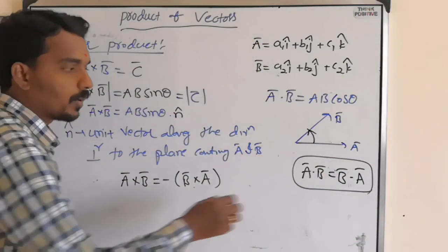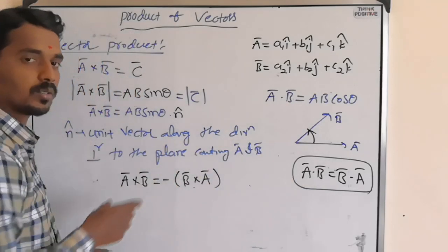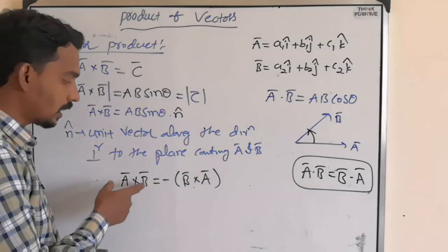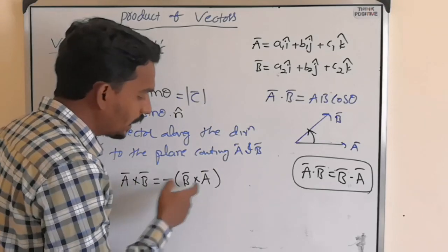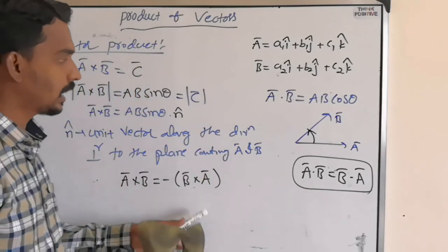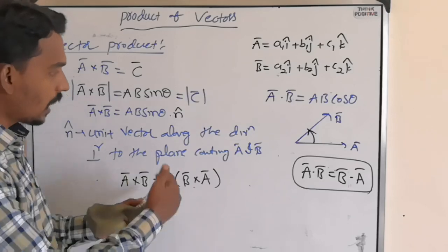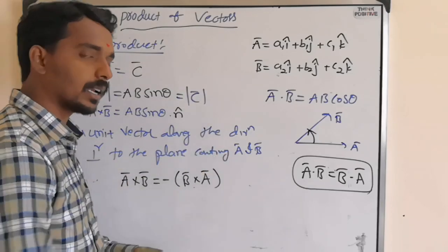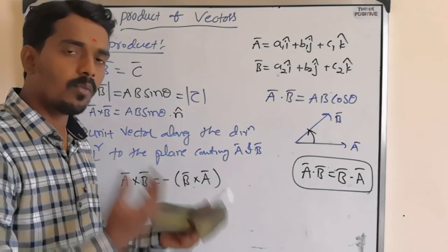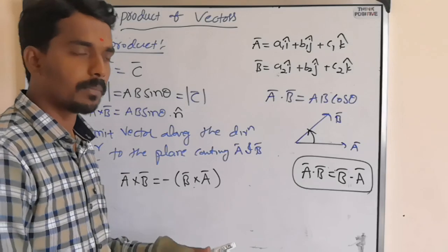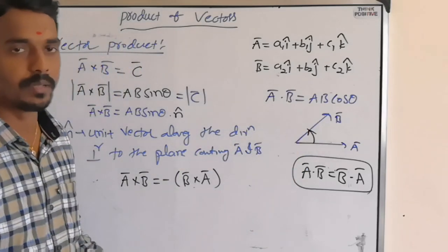So this is true for dot product, but this is not true for cross product. A bar cross B bar is always negative of B bar cross A bar. So A bar cross B bar or B bar cross A bar direction is always perpendicular to the plane containing A bar and B bar.